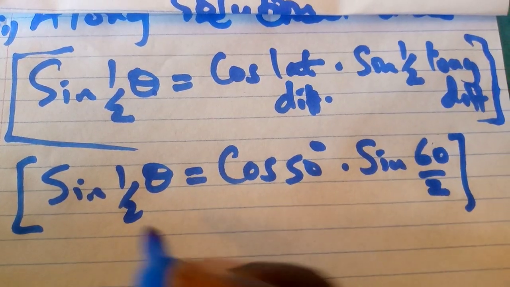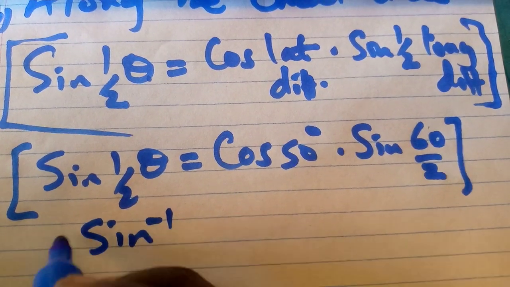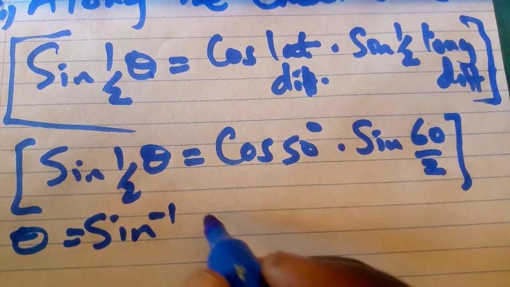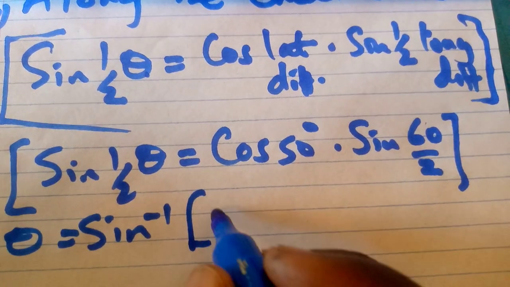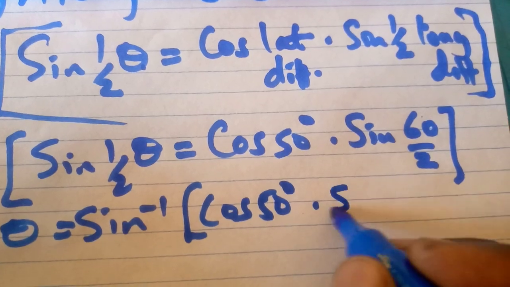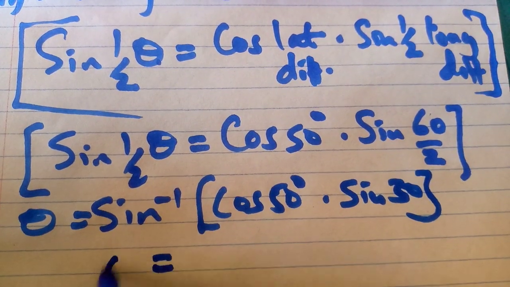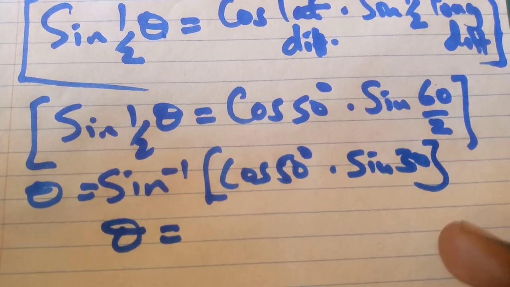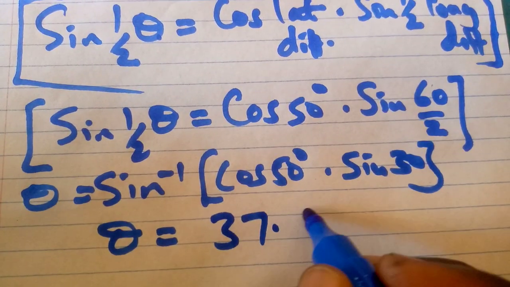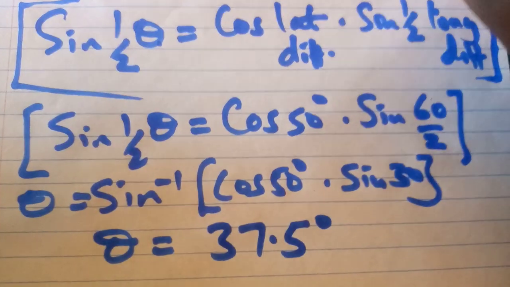Of course, I'm going to have theta equals sine inverse of cos 50 degrees multiplied by sine 30. Doing that, you're going to get your answer as 37.5 degrees. You just compute it in your calculator.